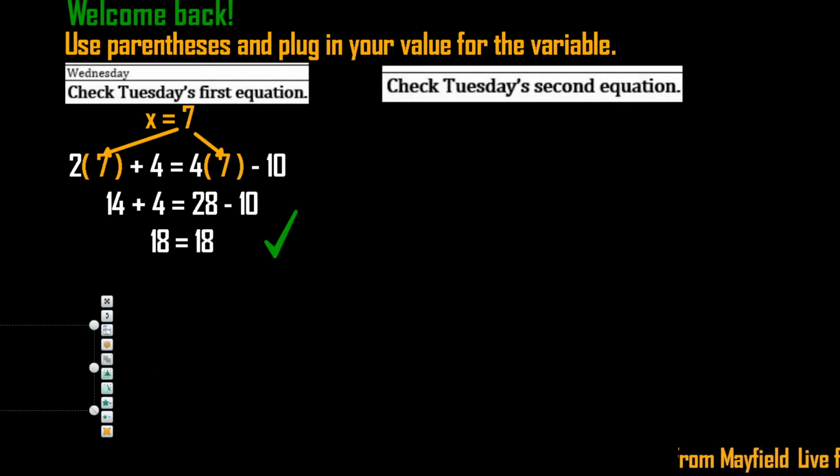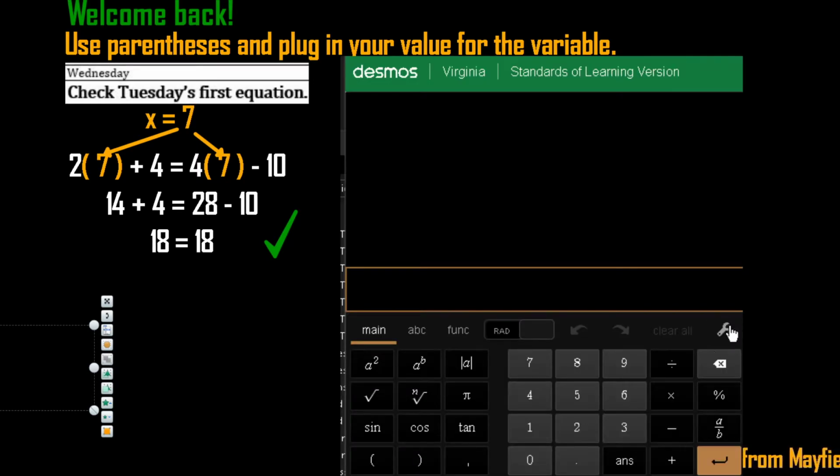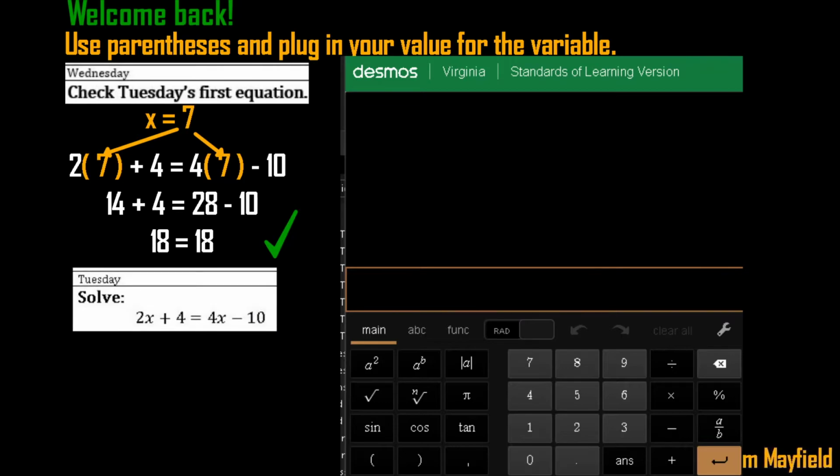You can also check using that Desmos calculator. So again, you type in your original equation. Let me type it in exactly how it looks. I said 2x plus 4. And now I'm asking, is this equal to that right side? So I have to start a new line because I can only evaluate expressions.